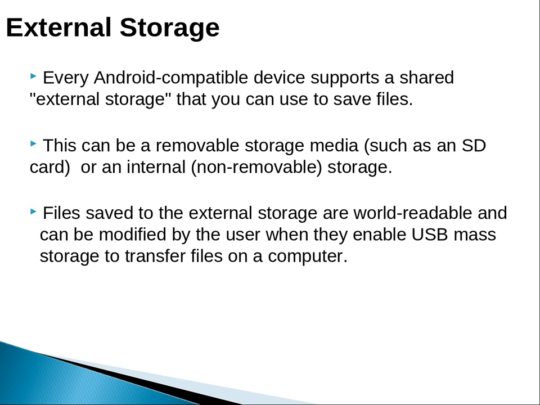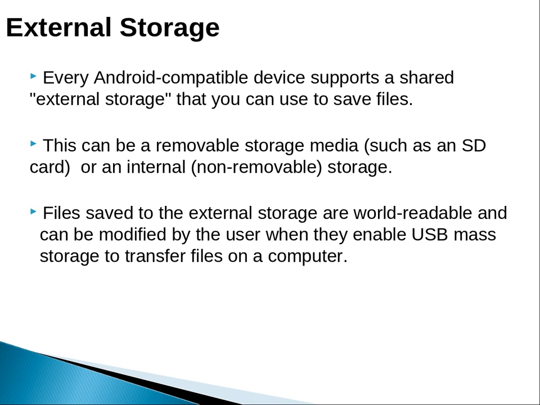This external storage is shared, where we can save data or files. A file could be anything: we can save images, videos, text files, any kind of files. This can be removable storage media.